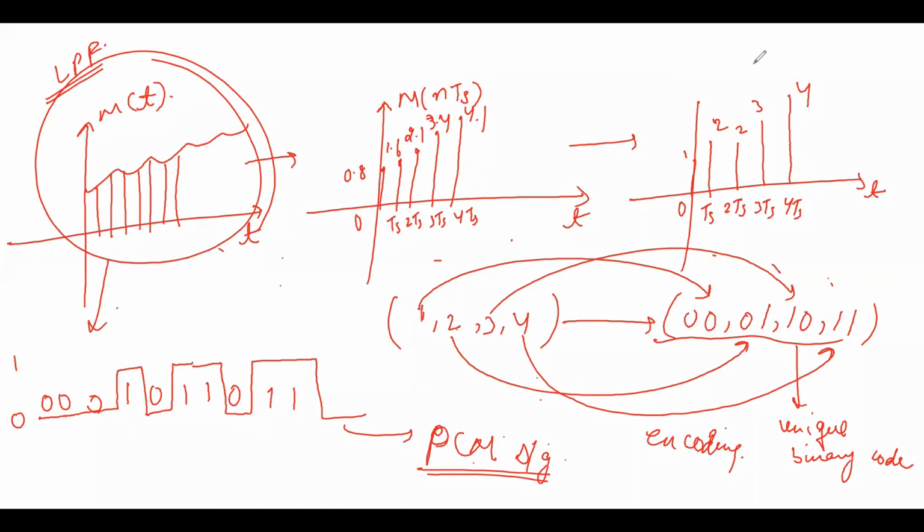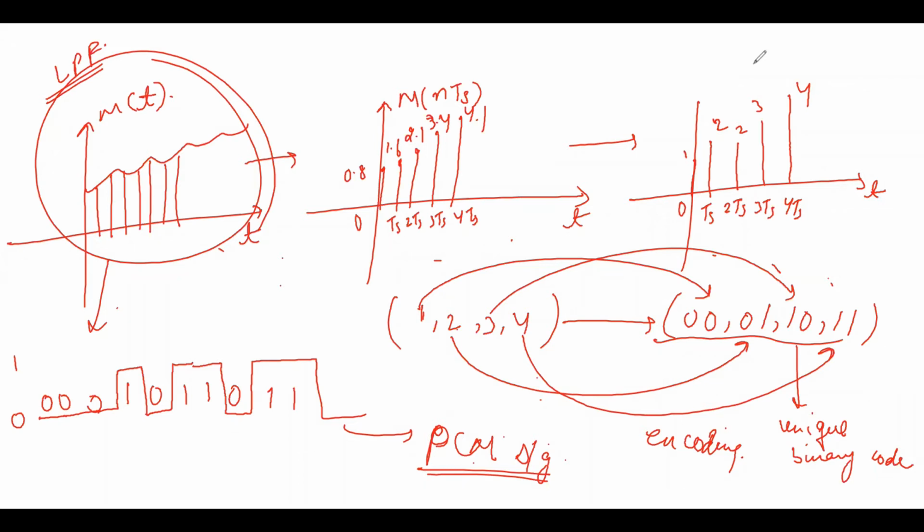Quantizer rounds off each of the sampled voltage to the nearest available quantization voltage.